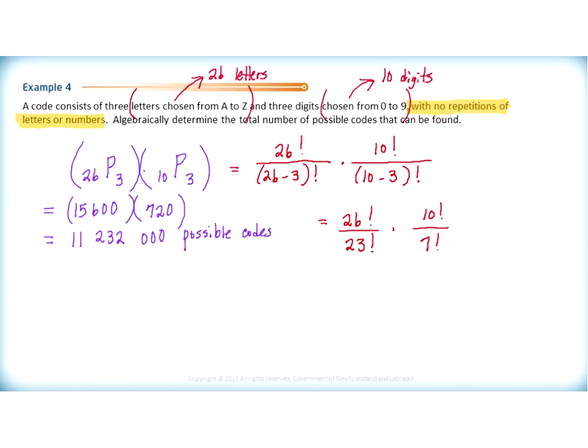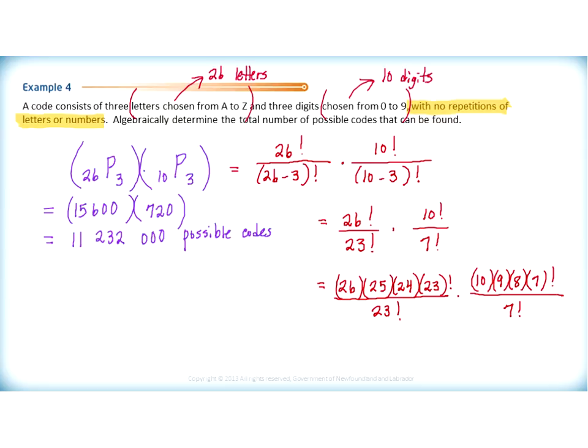So again, we can multiply this as follows. 26 factorial is the same as 26 times 25 times 24 times 23 factorial divided by 23 factorial. And on the other side, 10 factorial can be written as 10 times 9 times 8 times 7 factorial.